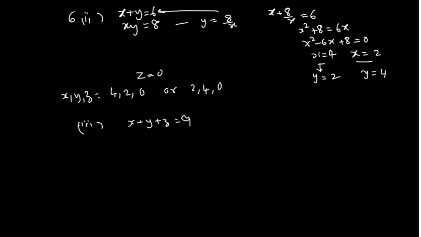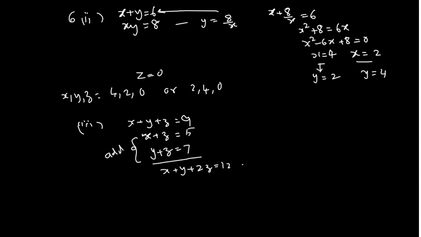So subtract it. This minus, this minus, this minus. So this gets cancelled, this gets cancelled. You will have z equal to 12 minus 9, which is 3. So you got a z value. Substitute that in x plus z equal to 5.